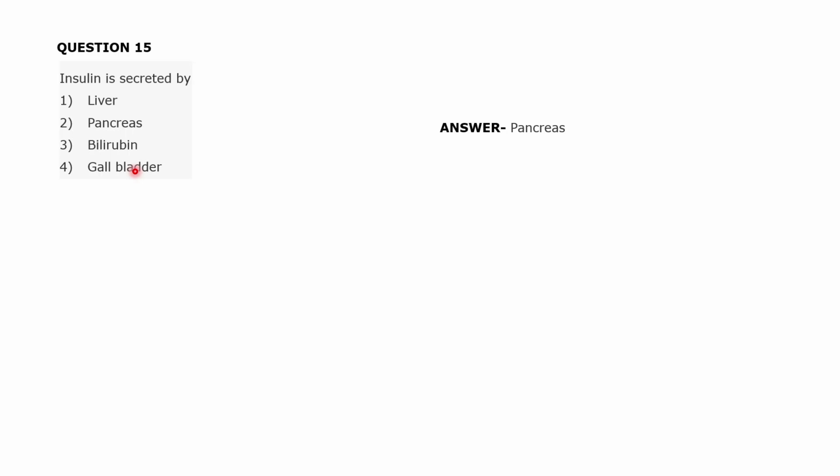These are hormones required for maintaining the physiological activity of our body, and both are secreted by this particular organ, that is pancreas. So I hope the answer is clear. Should I move on to the next question?